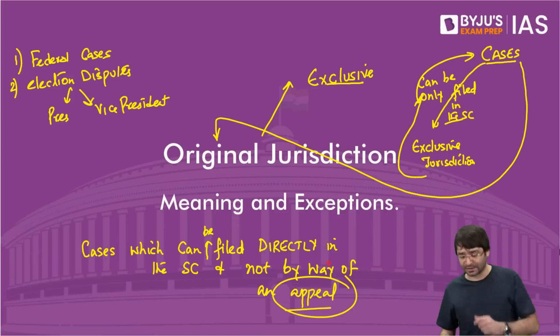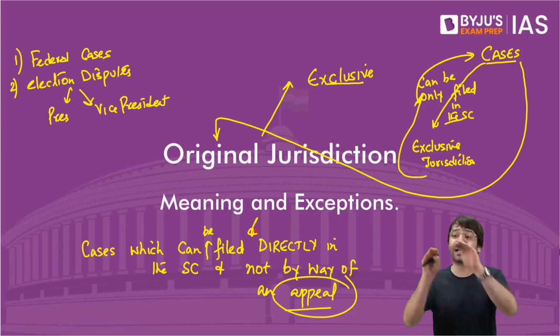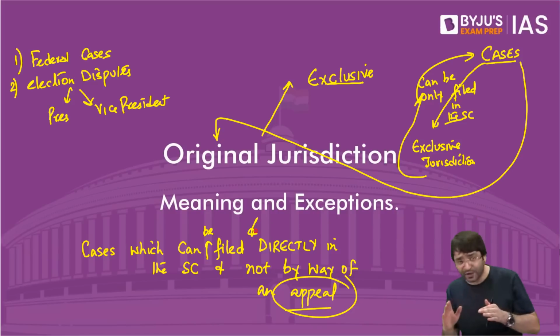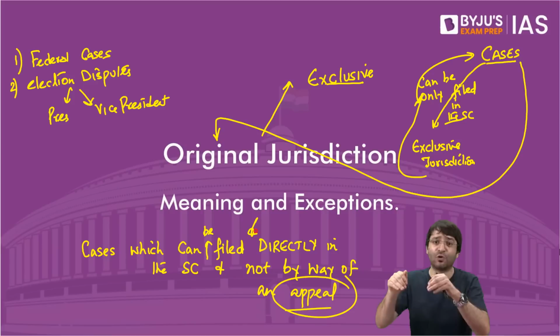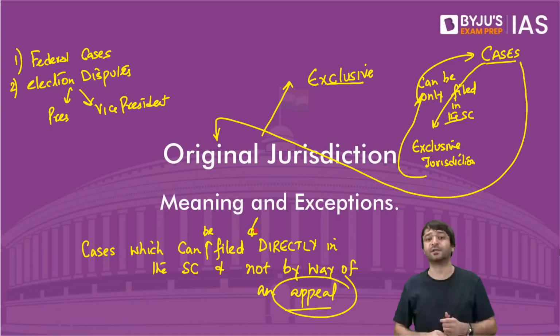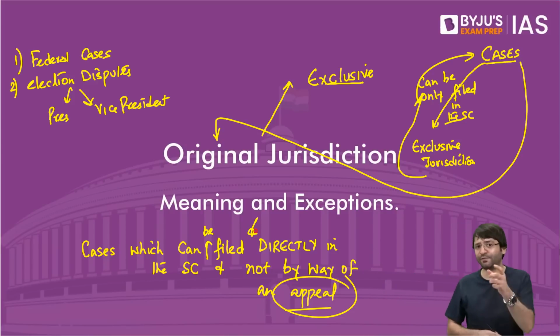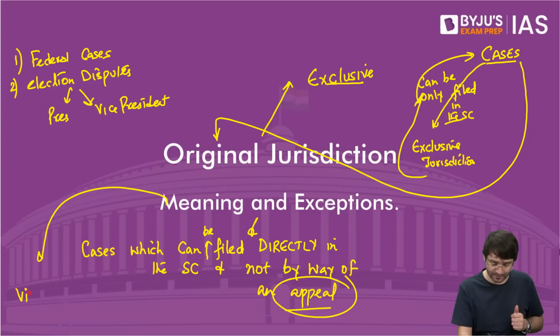But those cases which can be directly filed in the Supreme Court, not through an appeal, but directly filed in the Supreme Court, we call that Supreme Court has original jurisdiction on these cases. Can you give me one big example of such cases? Violation of fundamental rights.